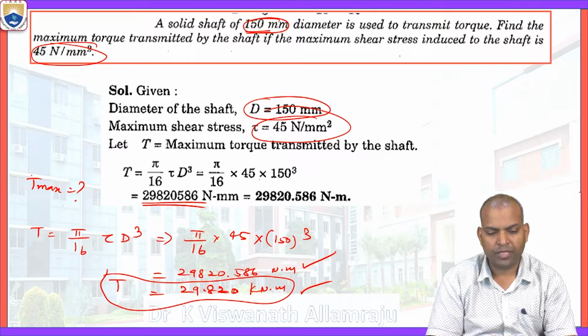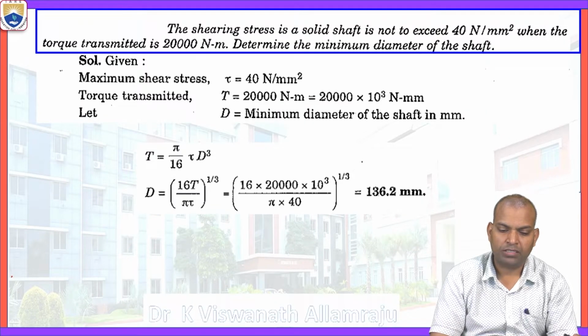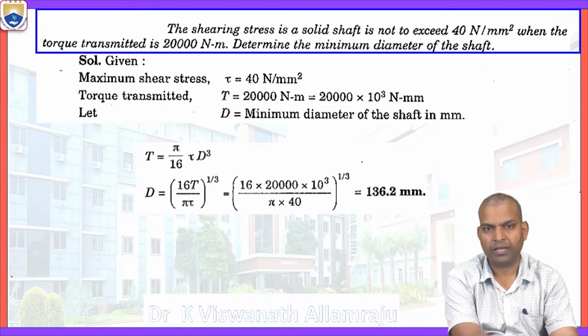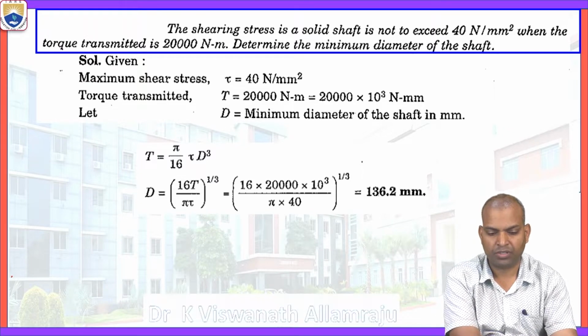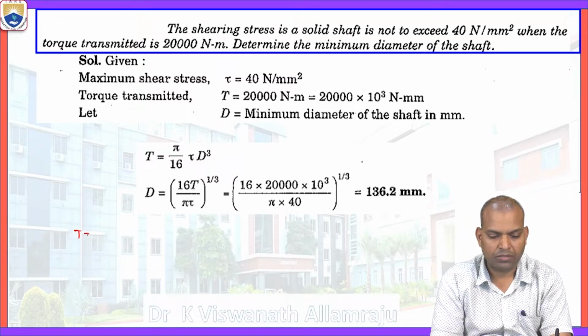In this problem, the input data is the diameter of the shaft and the shear stress, and the output is the torque transmitted, which we have to find out. Some of the problems ask for a different output parameter, where the objective is the diameter of the shaft. We know the formula, T equal to pi by 16 times tau d cube.